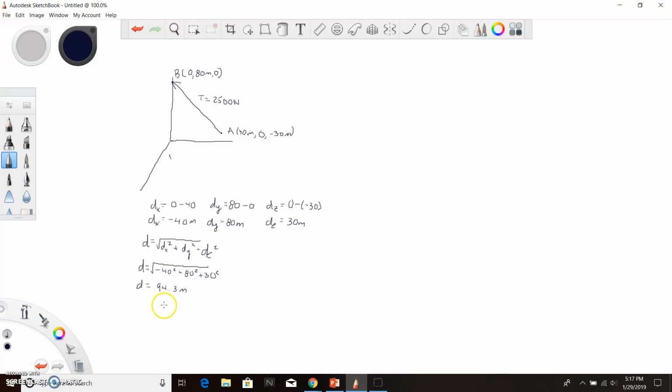Okay, so what I'm going to do now is define lambda, or that unit vector.